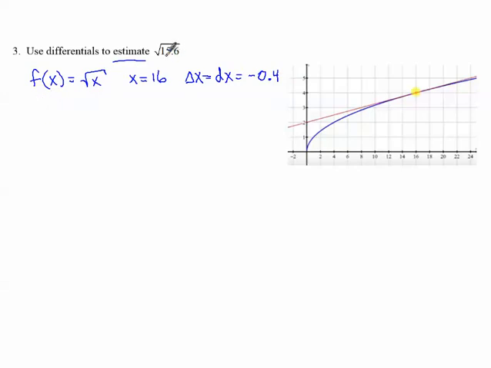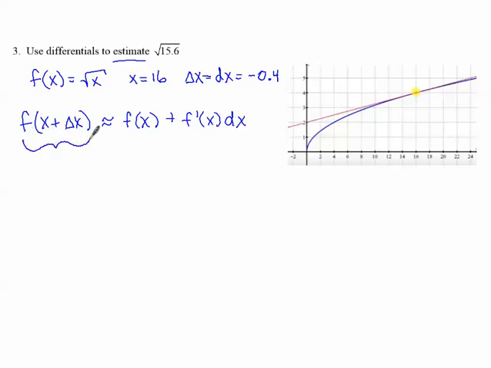We're looking for the square root of 15.6, and that's x with the change of x added onto it. So we're looking for f of x plus delta x. Remember that that's approximately equal to f of x plus f prime of x dx. So what do these things mean?